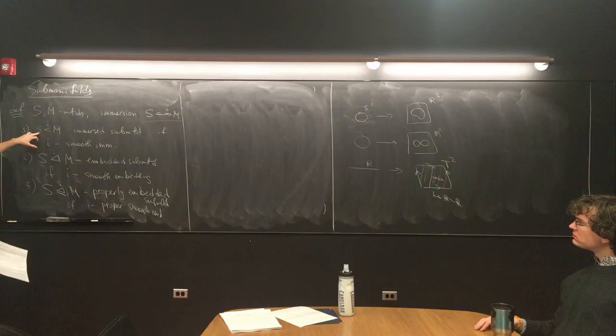So every regular level set, i.e. a level set of a regular value of a smooth map, is a properly embedded submanifold of codimension equal to dimension of N.